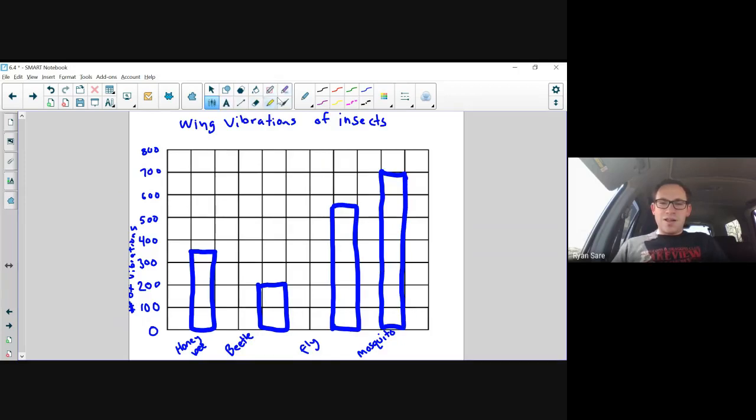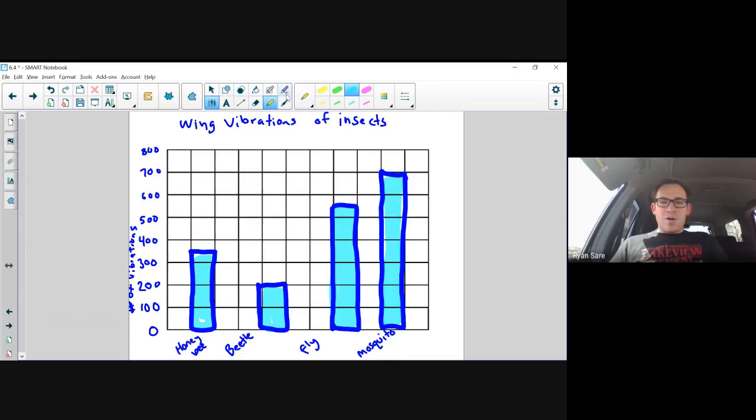So now we're going to go ahead and color it in so that they're just even easier to see. Color that one in, that one in, this one in, and finally the mosquitoes. Now it's easy to see that the mosquitoes flaps the most, or vibrates the most rather.